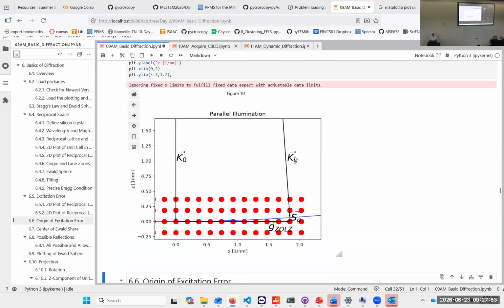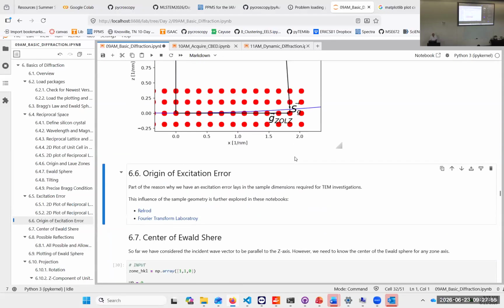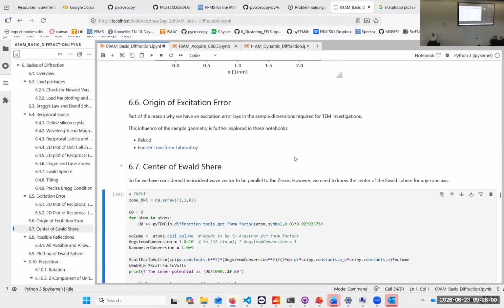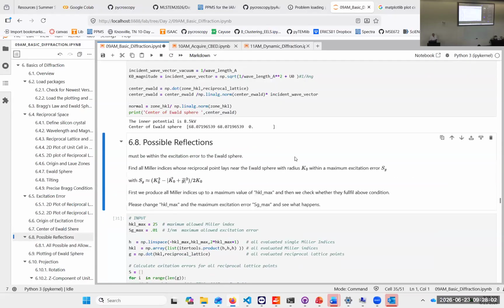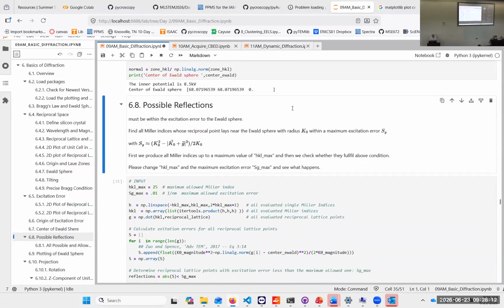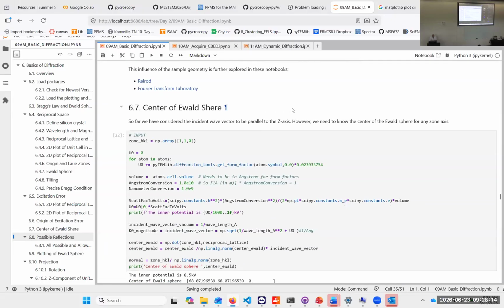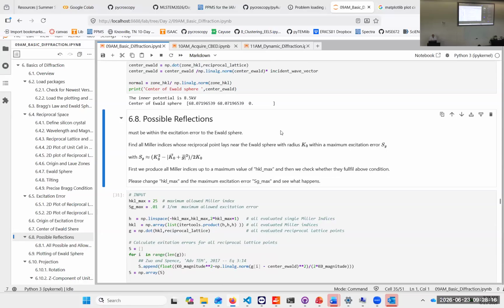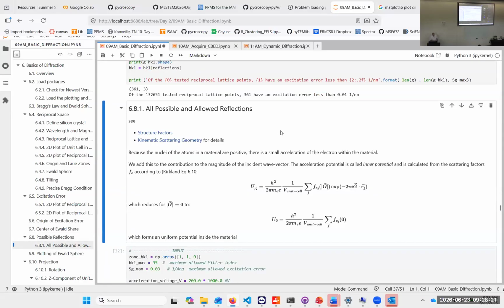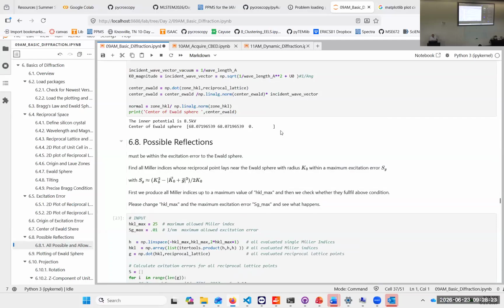So now we plot this Ewald sphere. Isn't that supposed to bring us something? So we want to look at all the possible reflections.